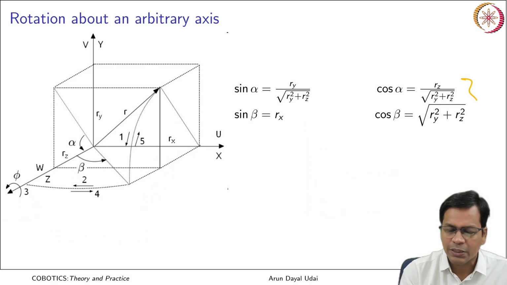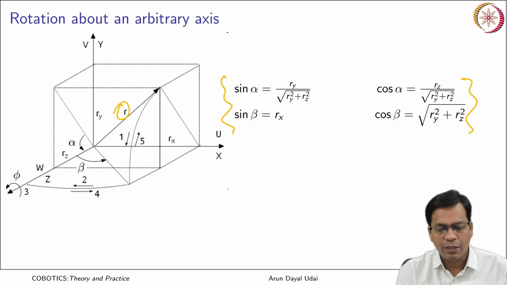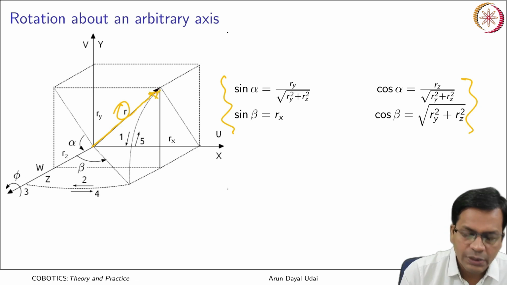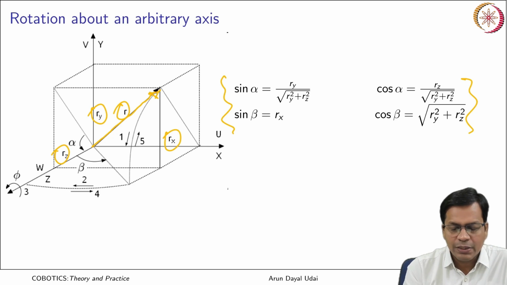Using simple trigonometry and the projection, I can obtain the angles also. R was the initial position vector about which I wanted to rotate. So this is R. Components along x, y and z will be Rx, Ry and Rz. So R is known, so Rx, Ry, Rz are known.